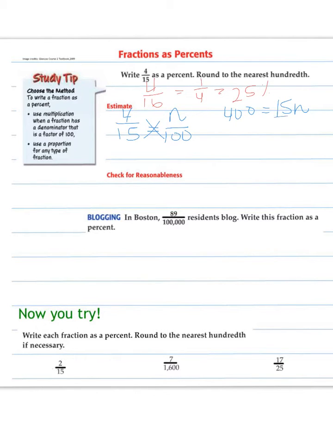All right, divide both sides. We have to get that n by itself, so we divide both sides by 15. So n is approximately, rounded to the nearest hundredth, 26.67, which tells us that our percent is 26.67%, which is pretty close to our 25%, so therefore that answer does make sense.